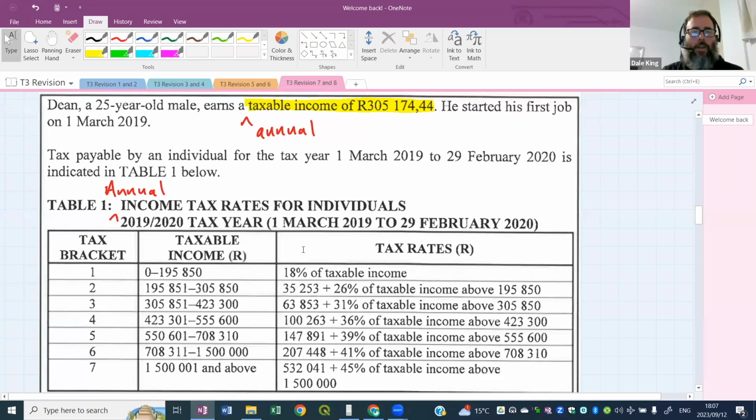Just as a matter of interest, into which bracket will Dean fall on this tax table with his annual salary of 305,000? Into which tax bracket? These are the tax brackets down the side here, on the left-hand side. Which one? You should all be able to see.